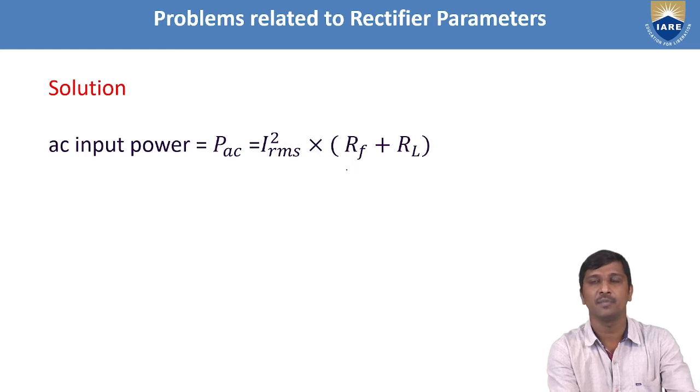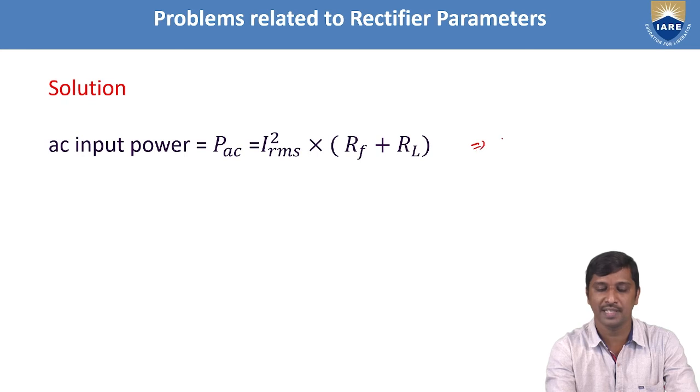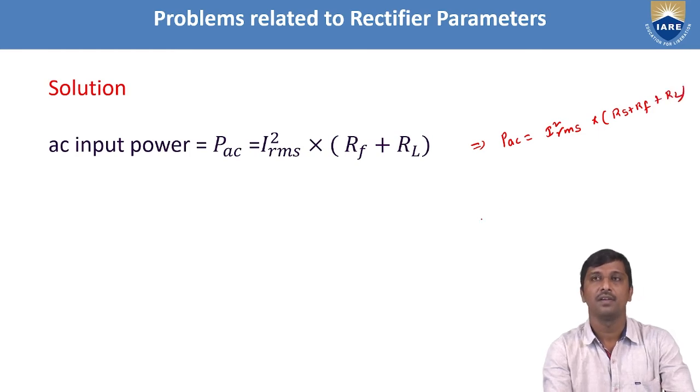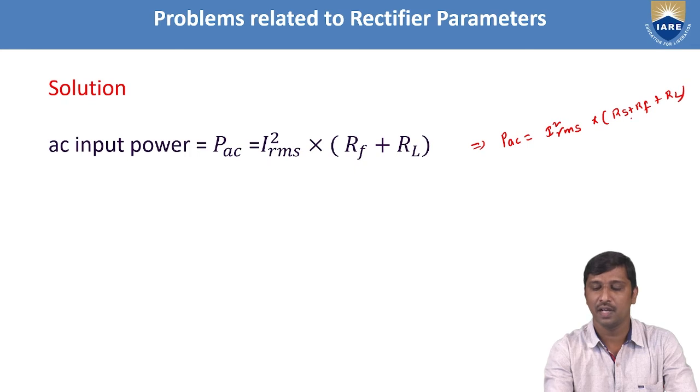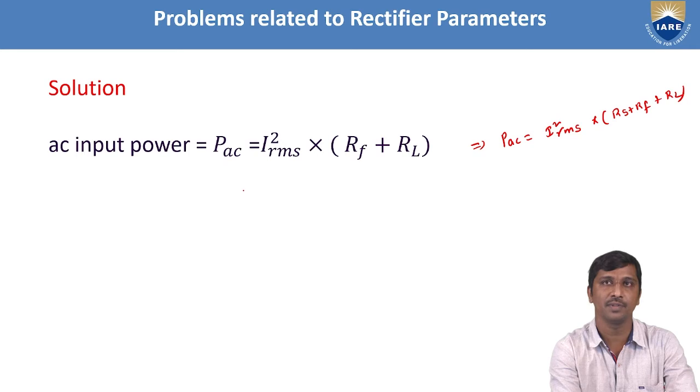But in the problem, they mentioned that it contains a combined resistance, the transformer secondary coil along with the diode forward resistance. So for the AC input power we write I squared RMS into (RS plus RF plus RL). We have the IRMS value, RS plus RF is given as 800 ohms, and RL is 3.5 kilo ohms. Now we substitute all these three parameters to obtain the AC input power.